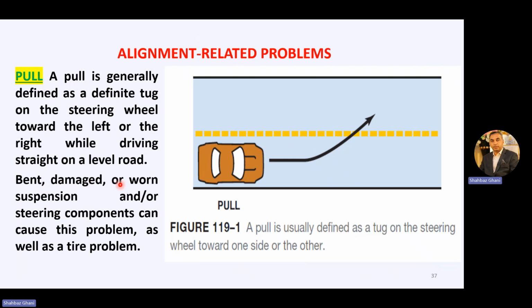Bent, damaged, or worn suspension and steering components can cause this problem, as well as a tire problem. Here in this figure, a pull is usually defined as a tug on the steering wheel towards one side or the other.